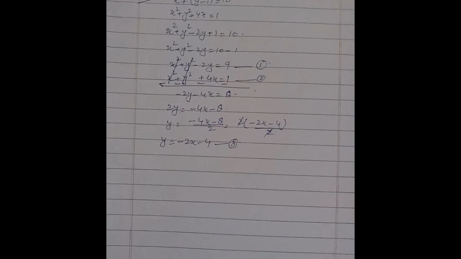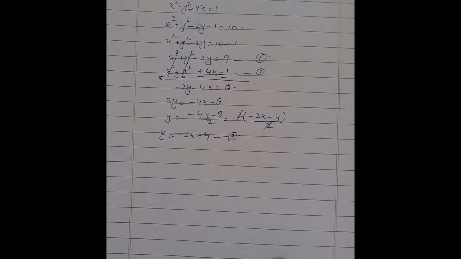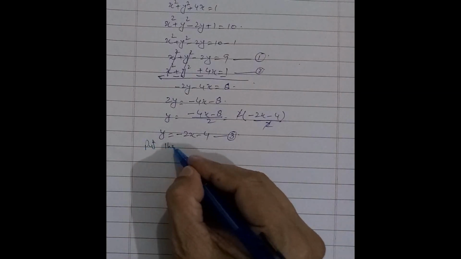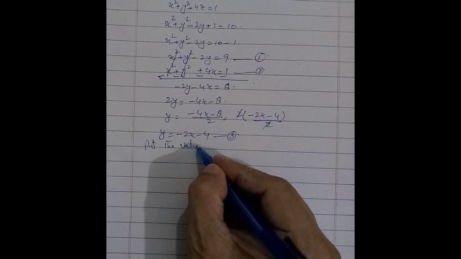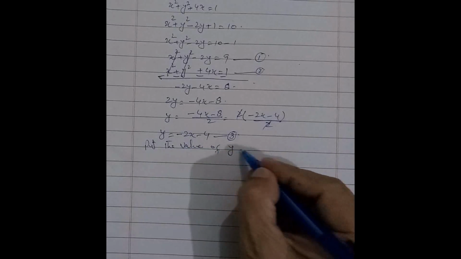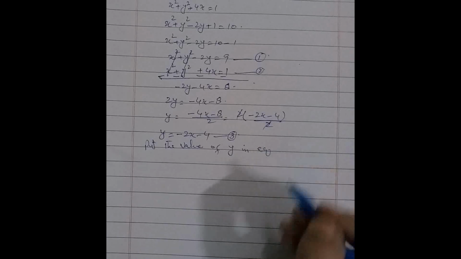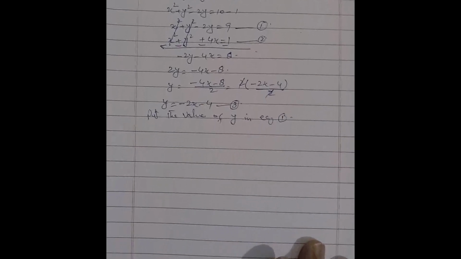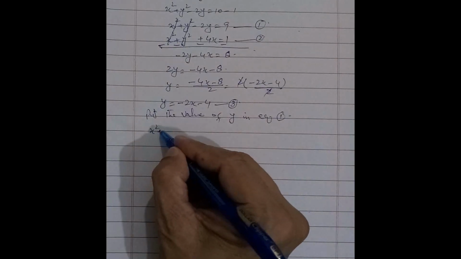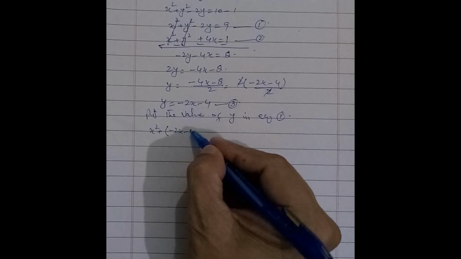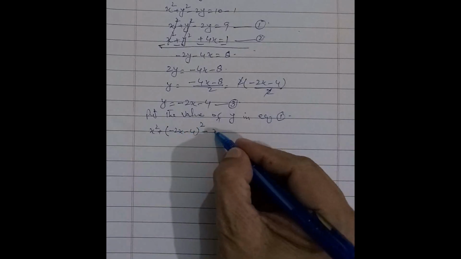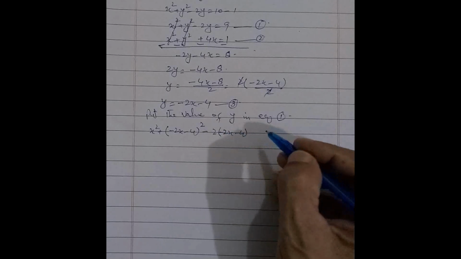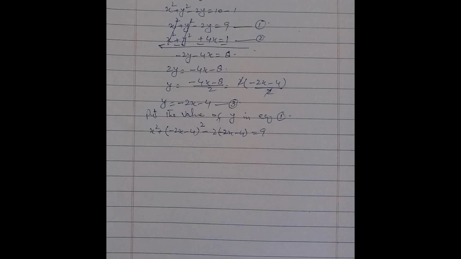Now we put the value of y in equation 1. We get x square plus minus 2x minus 4 whole square minus 2 into minus 2x minus 4 is equal to 9.